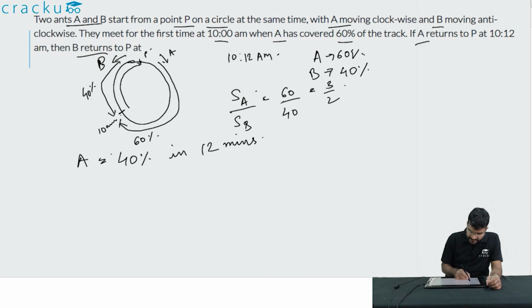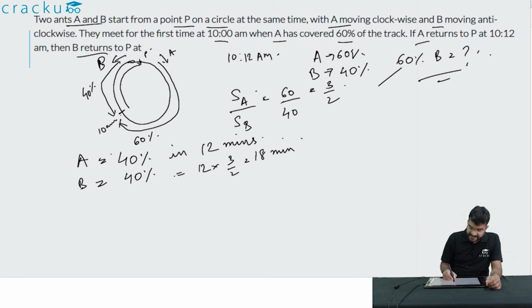Now for B to come back to P, he has to cover 60% of the circle. So in how much time does B cover 60%? This is the question. Because their speeds are in the ratio 3:2, for B to cover 40% of the distance, it is going to take 12 into 3 by 2, which is equal to 18 minutes.